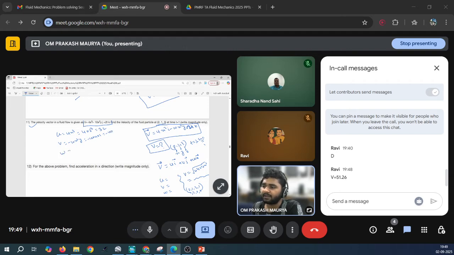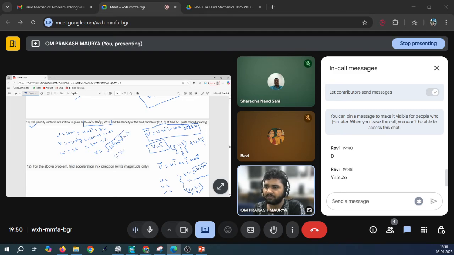W is equal to 2t. You have t equal to 1. So 2 into 1, this will be positive 2. Here there is no meaning of positive and negative, because you are going to finally take the square root. 32 squared plus minus 40 squared plus 2 squared.